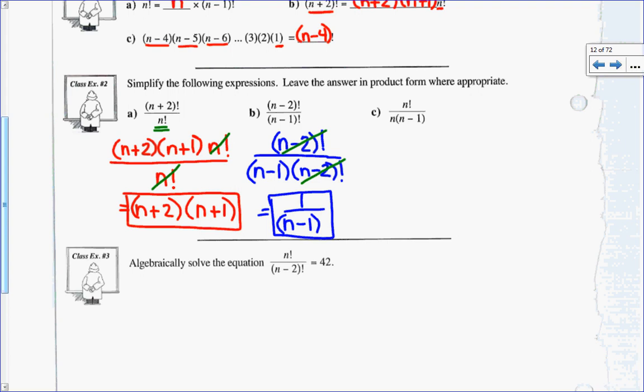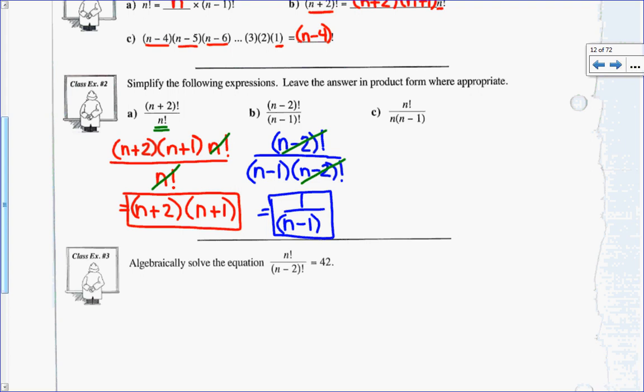All right, let's have a look at this one. Which value is greater, n or n minus 1? Right, n factorial is greater, isn't it? Okay, so we're going to factor that.